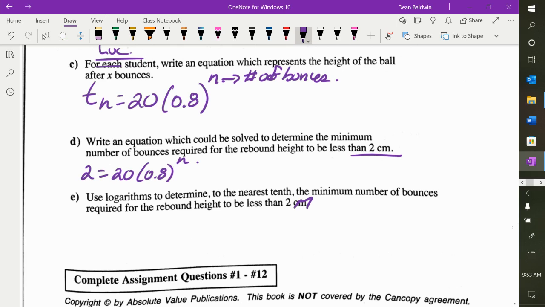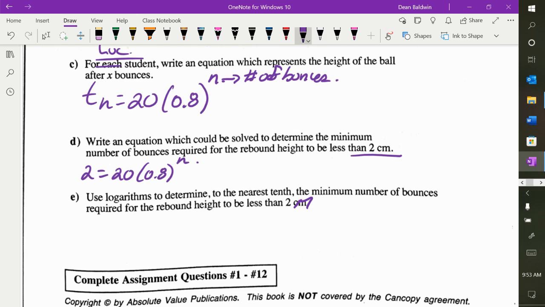I'm saying meters. Okay, that's very good, because it's the way they actually solved it. They say centimeters, but they actually solved it with meters. So, all right. Less than 2 meters. When will the bounce be less than 2 meters? Which bounce will that be?